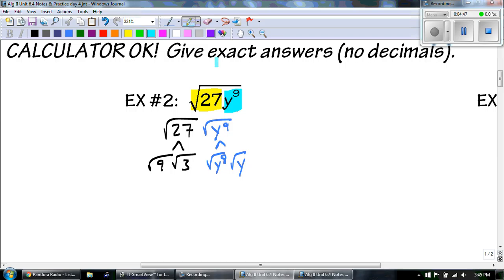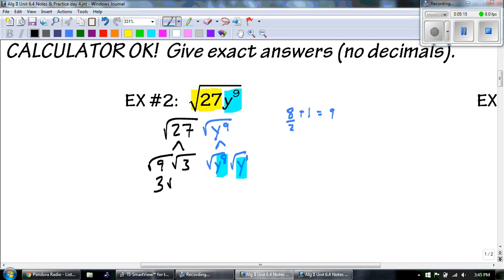So I broke this up because 8 plus 1 equals 9. Okay, so I'm breaking up my variables into something that can be divided by 2. 1 can't be divided by 2, so that's going to be my remainder. All right, so my final answer, I have 3. Well, here we go.